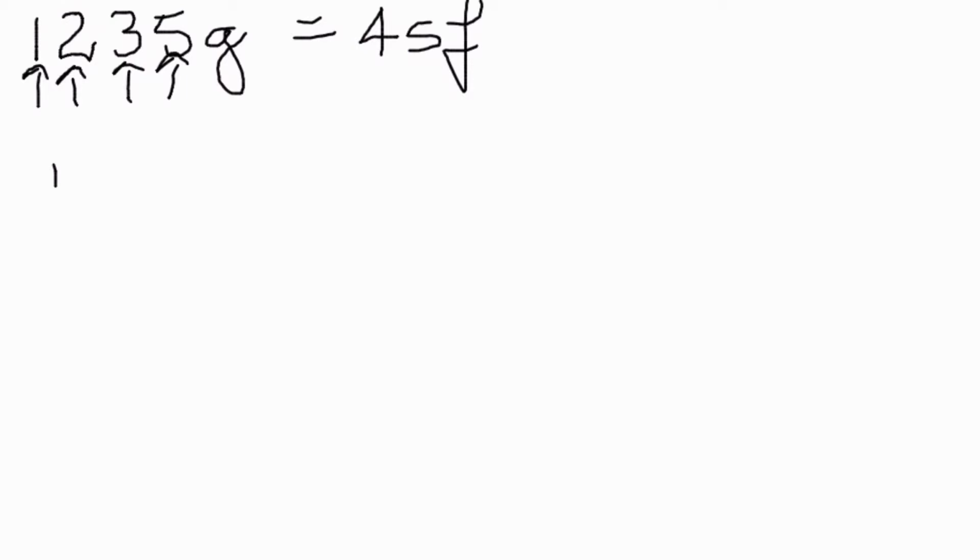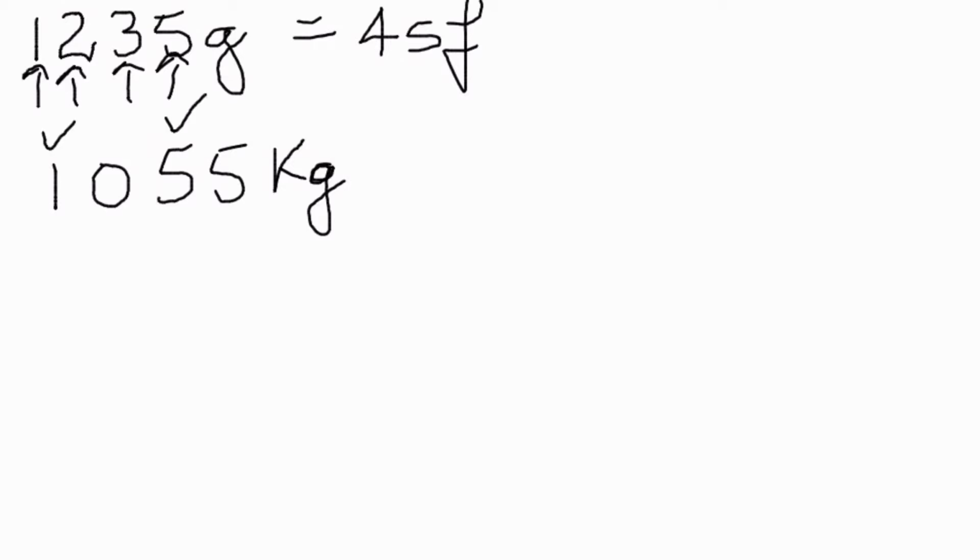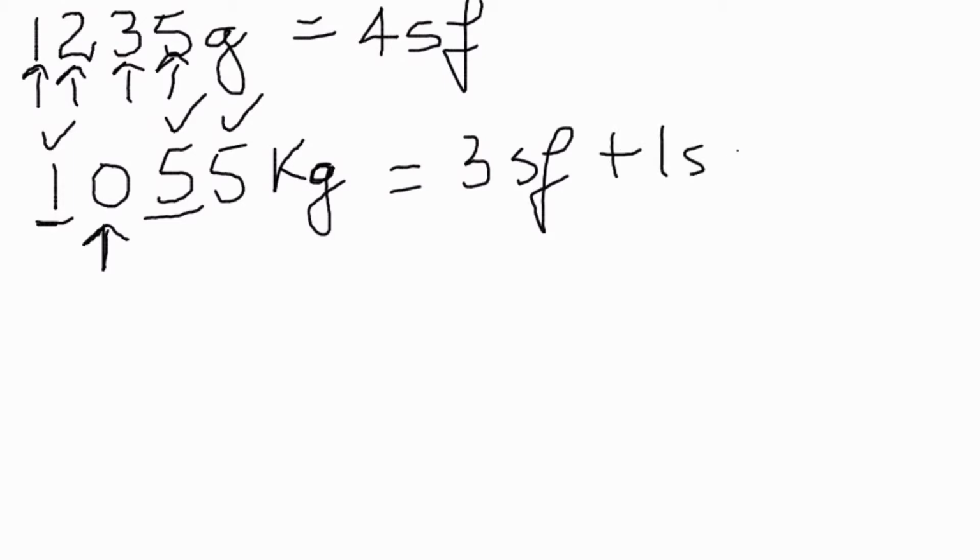If I have a measurement like 1,055 kilograms, I know that the non-zero digits 1, 5, and 5 are significant, so that would be 3 significant figures. But since the second rule tells me that the zeros between two non-zero digits are also significant, I'm going to have 4 significant figures.